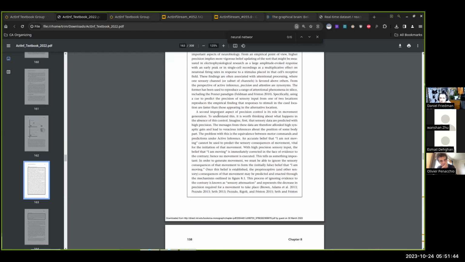That can be understood in terms of a transient suppression of attention, which is attenuation. Then once the body or the gaze is fixed again, there's a re-engagement of precision. So pay attention when things outside of your control are happening, but calibrate out the expected sensory consequences of action.